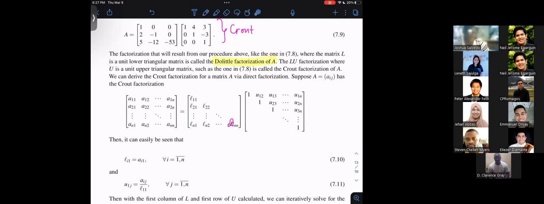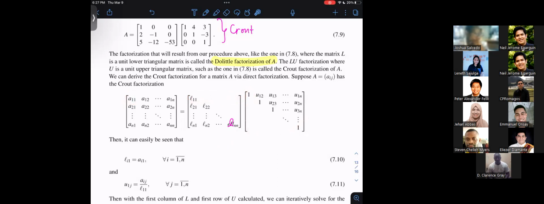First, I'll take advantage of the fact that the first column of the matrix U has only one non-zero entry. So I can multiply the first row of L by the first column of U, and that will give me the entry on the first row, first column.